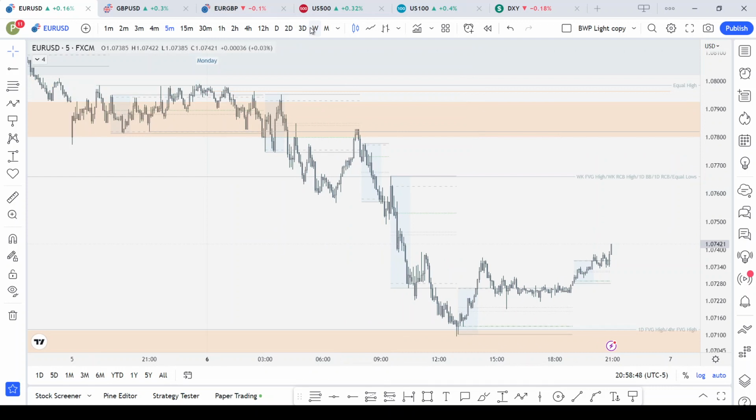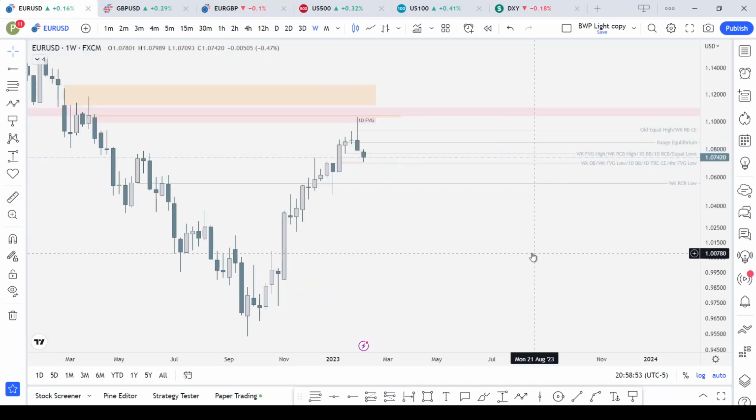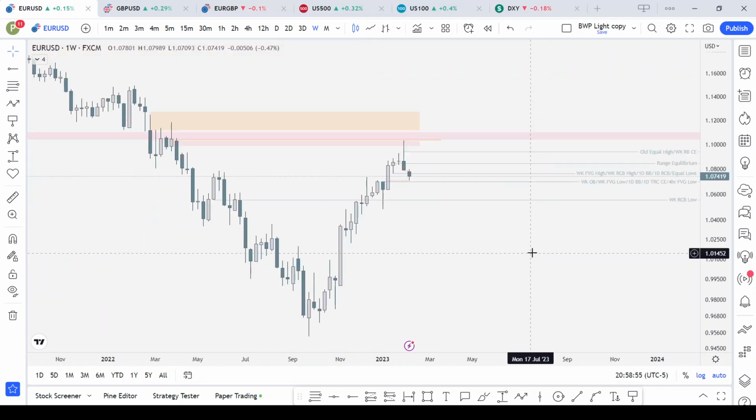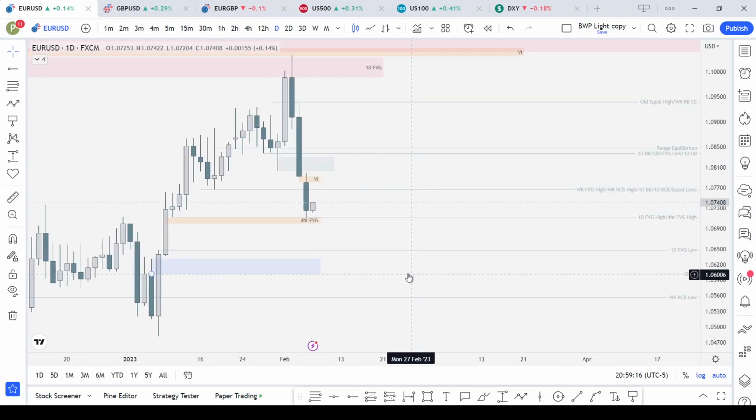On Euro, let's start from the weekly time frame. We have this down close candle, which is going to act as support. We have this weekly fair value gap as well here. On the daily, we have a daily down close candle. That's a bullish order block.